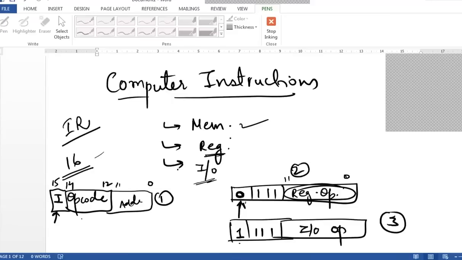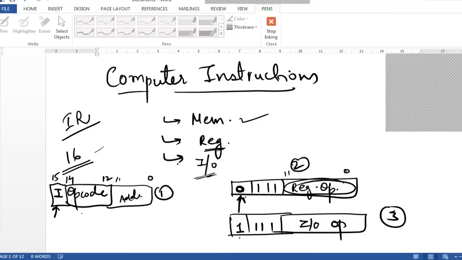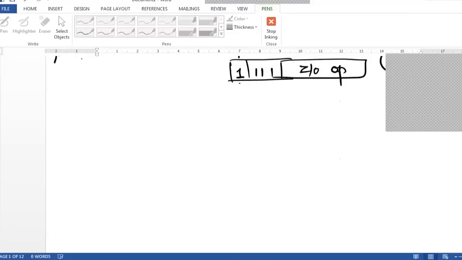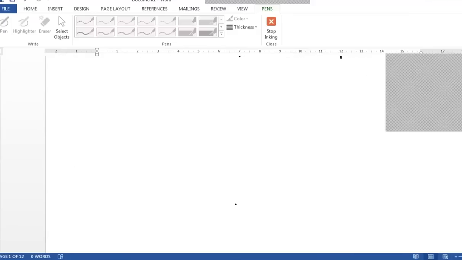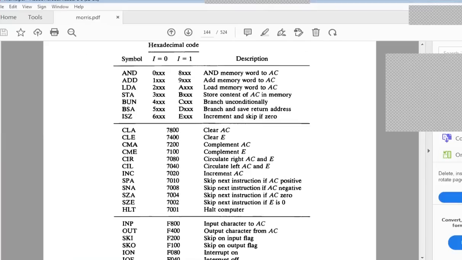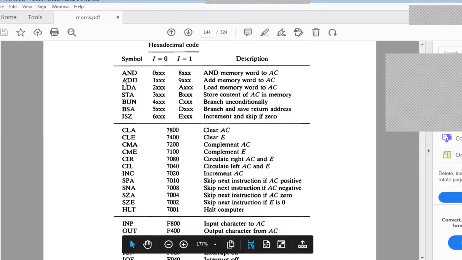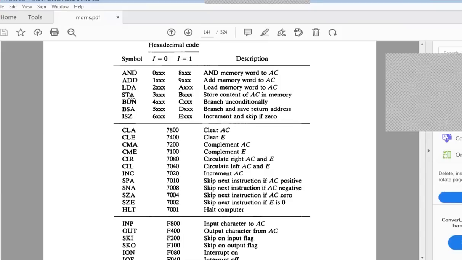Now, whenever any instruction is given to you, we had also seen this list of instructions last time. AND, ADD, load accumulator, store content of accumulator in memory, branch unconditionally, branch and save return address, and increment and skip if 0: all these are memory reference instructions.